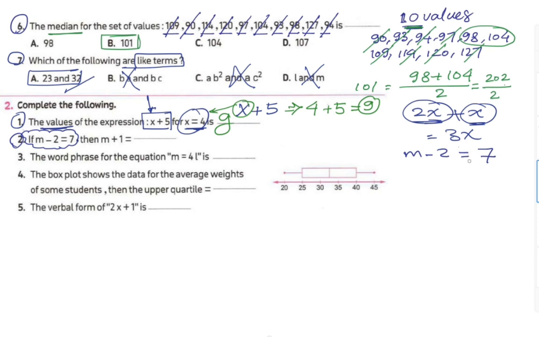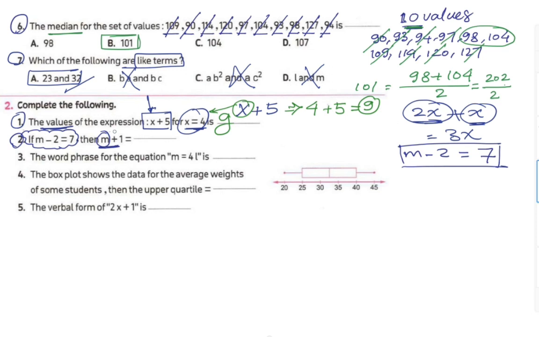In between them we have the equal sign. Together I call them an equation. But he asked us for m plus 1. Do you know the value of m? No. So first I need to find the value of m, then add 1 and find the request.